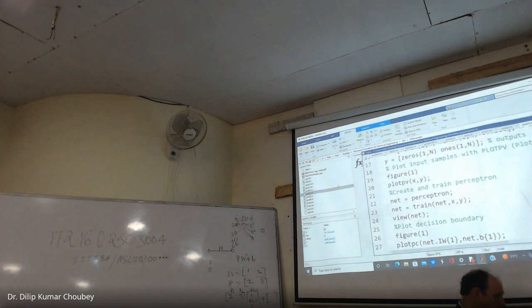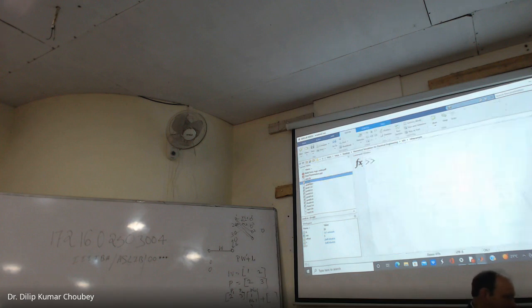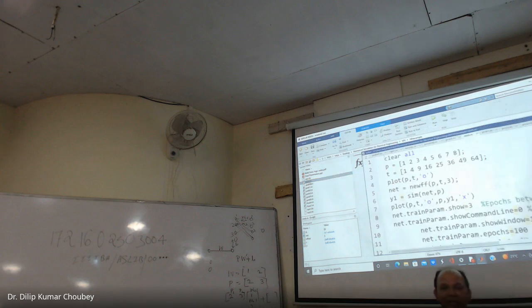Before we go to the other programming part, I give one small example. In our case, this is the initial stage. Suppose we take any type of value. This program is very useful if you have the input and output, if you want to customize the system. You can understand this.